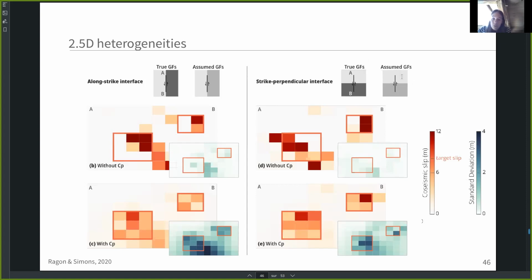And even if it's true, if we do not account for the uncertainties, then the slip that we estimate on this correct side is totally wrong. So this means that even if you think that your crustal structure is quite realistic in one particular location, if it's wrong in another place, then it can totally bias every estimate.